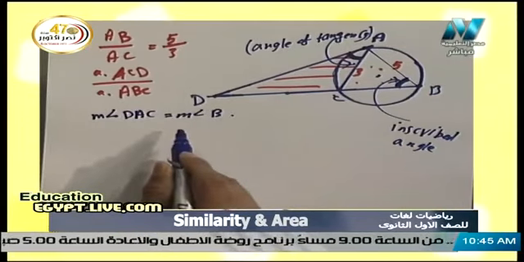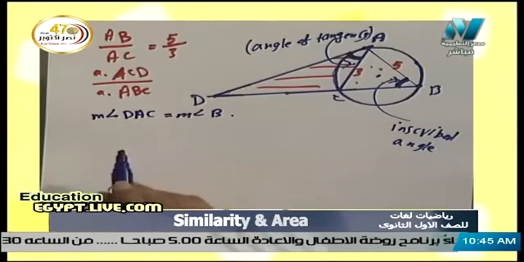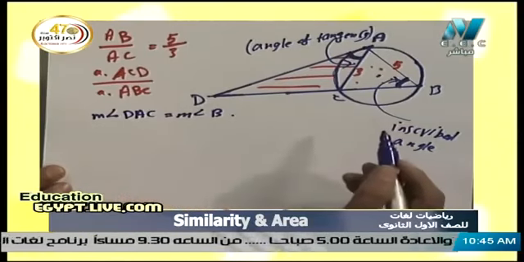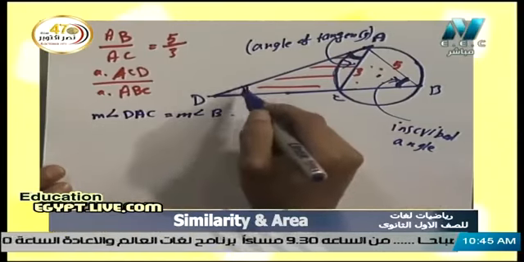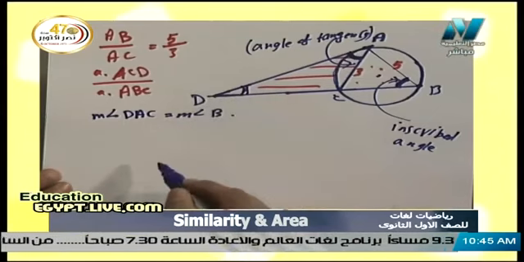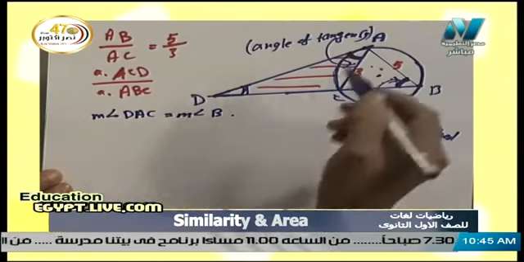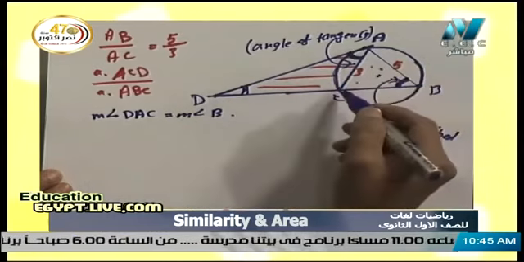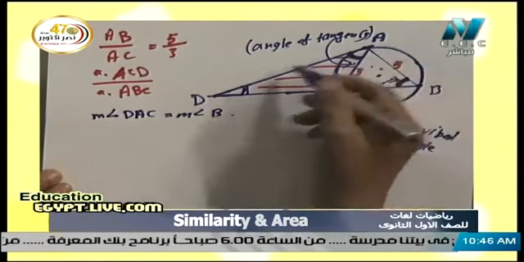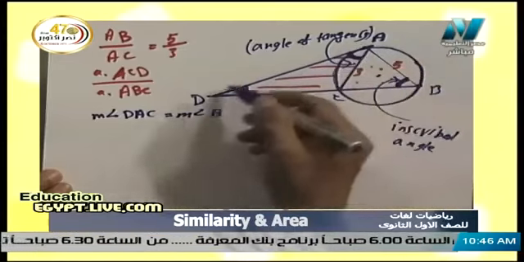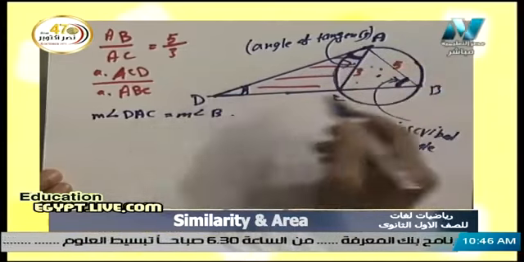Okay, and we know that the angle D here is a common angle between the triangle ADC and the bigger triangle, the whole triangle ADB.